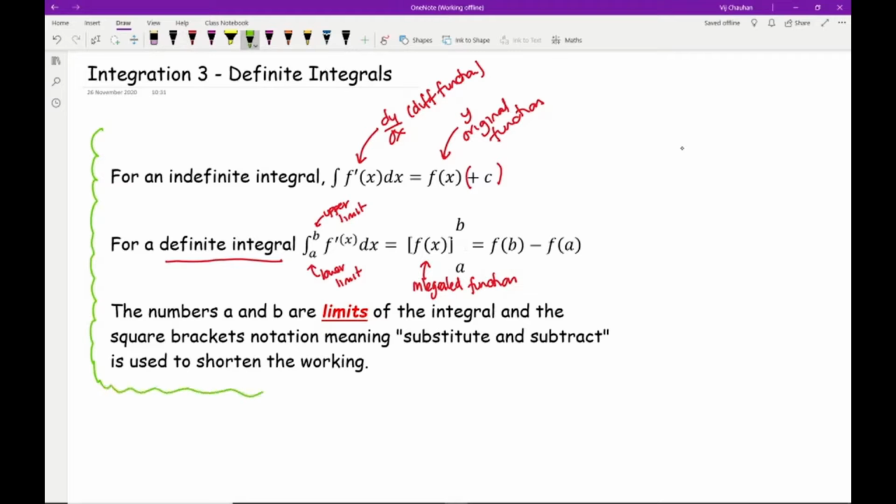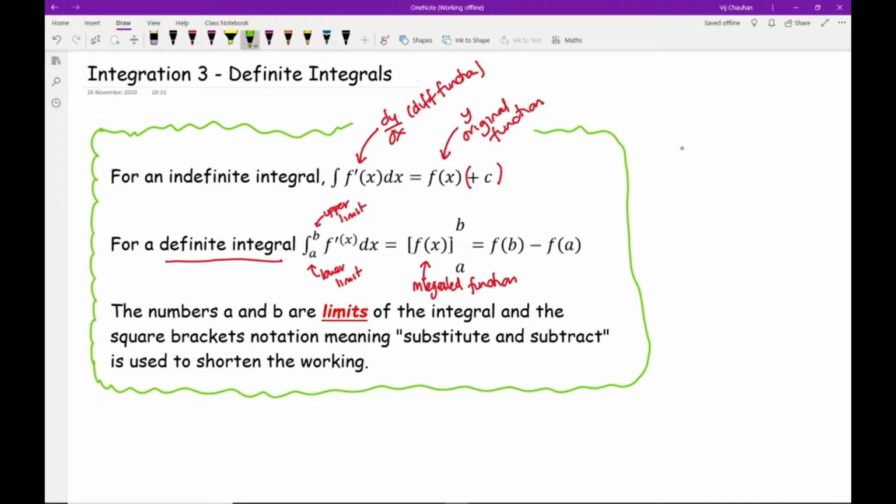Now, if that makes absolutely no sense to you at all, do not worry, because when we go through some examples, and we will go through a range of different functions, hopefully it will make sense as to what we need to do. The general sense of this relates to my next video, which is looking at integration 4, where we'll be looking at using integration to find the area under a curve within some given limits of x ordinates.